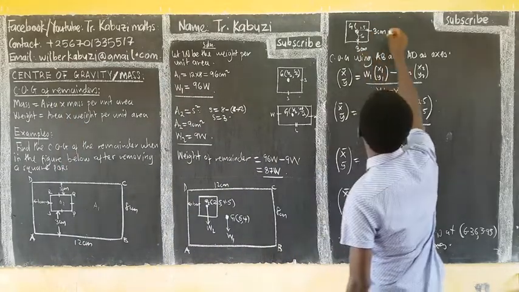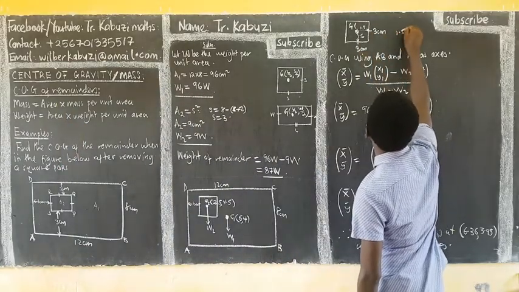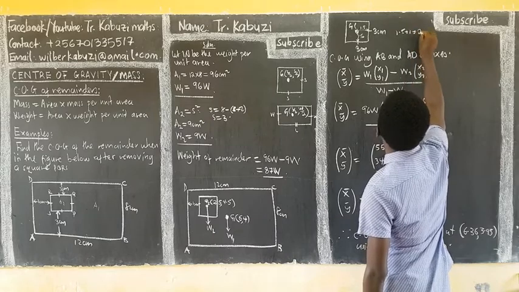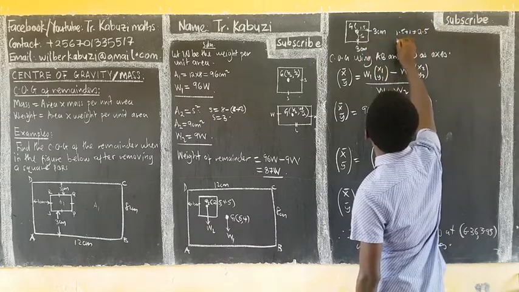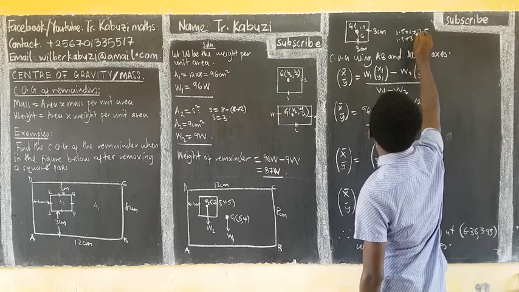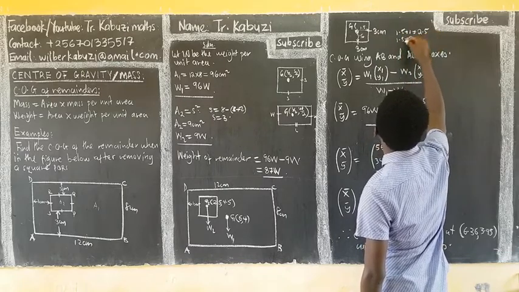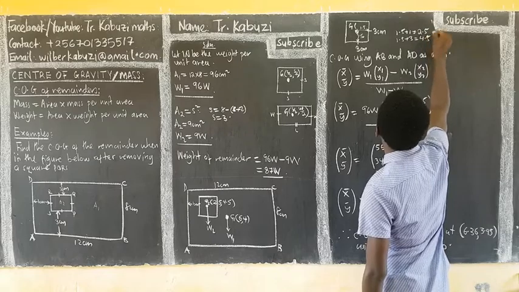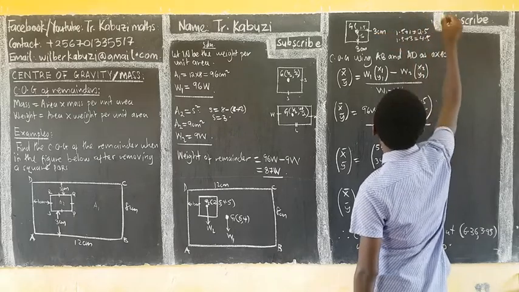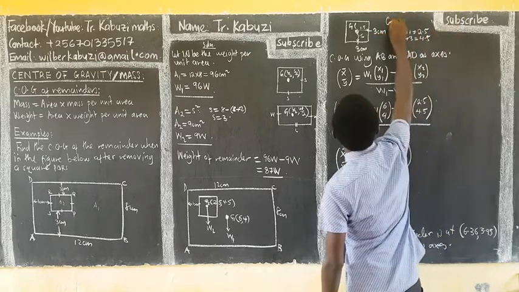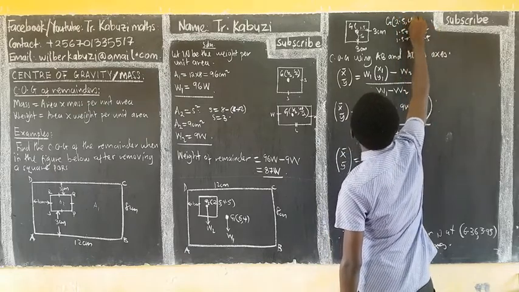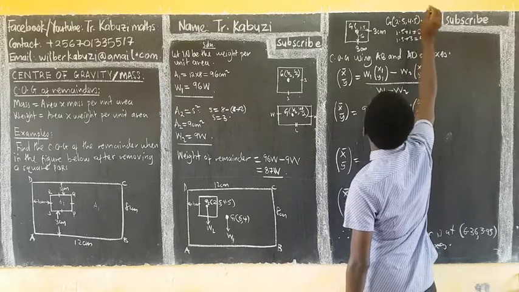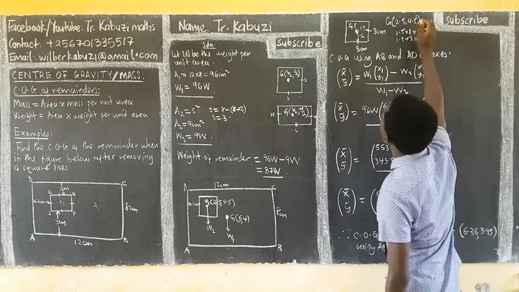Therefore, here we added 1.5 plus 1, which gave us 2.5. Then on this 1.5 plus 3, that's how we are able to get the 4.5. So our D2 was at 2.5, 4.5. As simple as that.